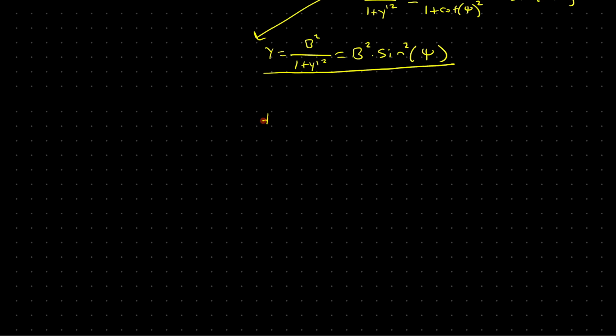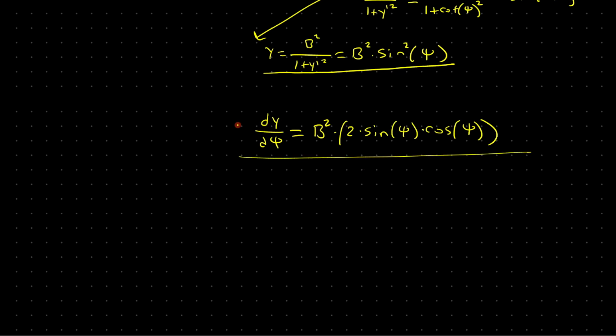So dy d psi is equal to b squared times the derivative of this expression with respect to psi, which is 2 times sine of psi times cosine of psi. So this is one differential equation.